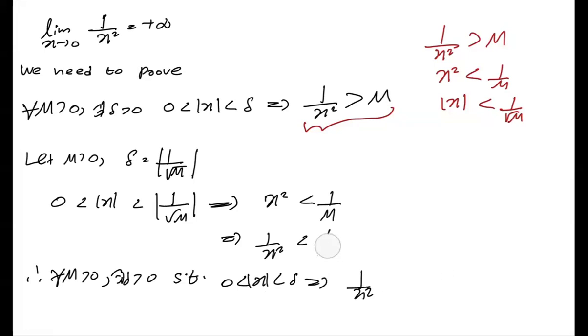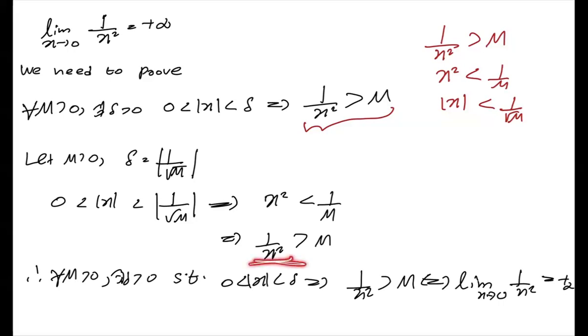This should be larger than m, right? This is larger than m. So therefore, the limit as x goes to 0 of 1 over x squared equals positive infinity. Yeah. In the last step, you have to flip the inequality to move m upwards. So I made a mistake there, but I corrected it.